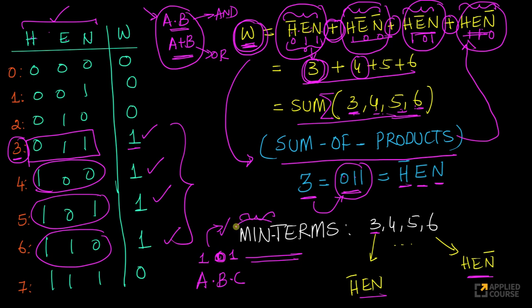The name minterm came into existence because a product, or a logical AND, of all these is equal to taking the minimum of all of them. That's why the term minterms. Simple. Now, this is one way. Remember that this is a very concise way. Instead of writing this complex expression, I can just represent W as the summation of these 4 minterms.